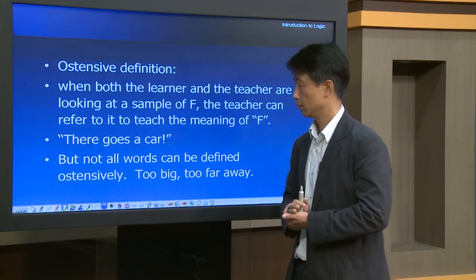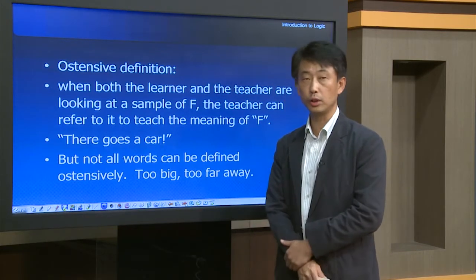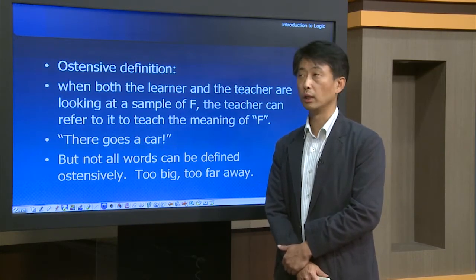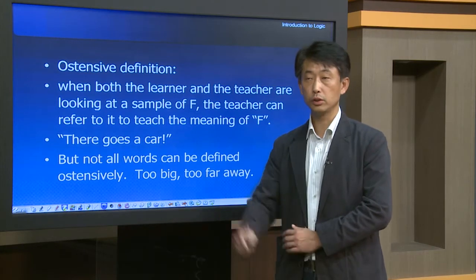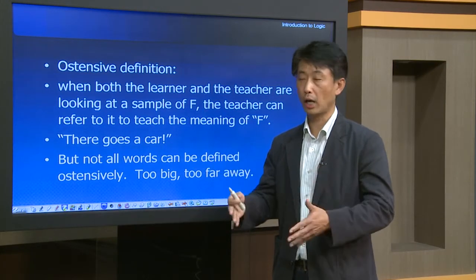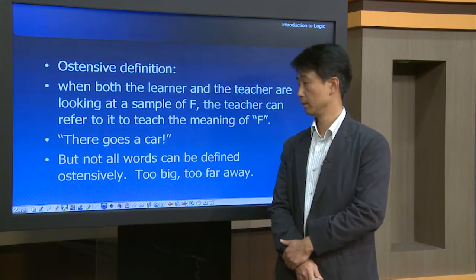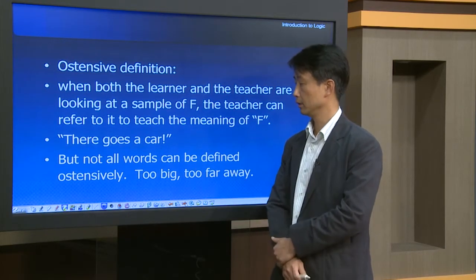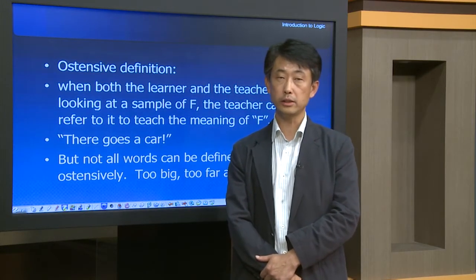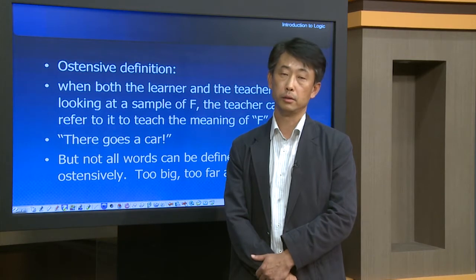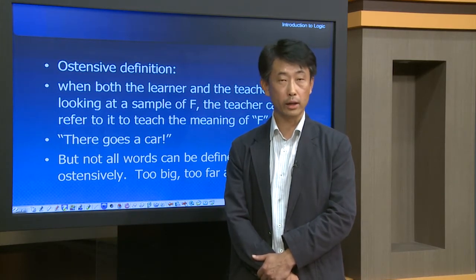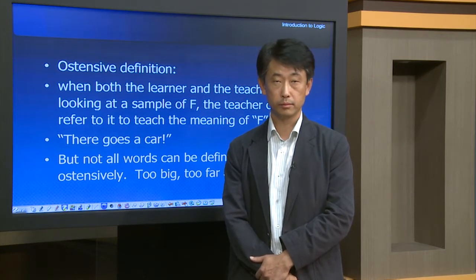For example, what is a car? I mean, how do you teach a child what a car is, what car means? You can just refer to an instance of that when both you and your child are looking at a car. So there goes car. Okay? And when a child grows up, ostensive definitions are the main way a child acquires new concepts.